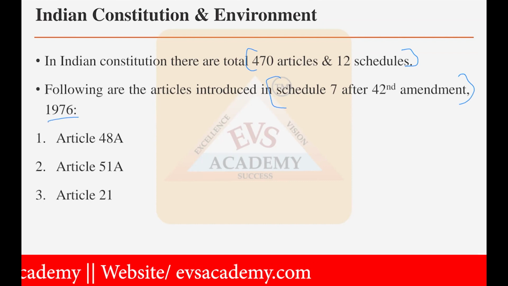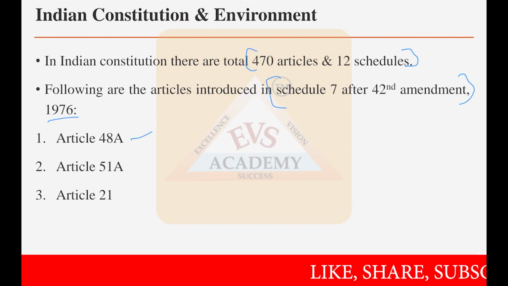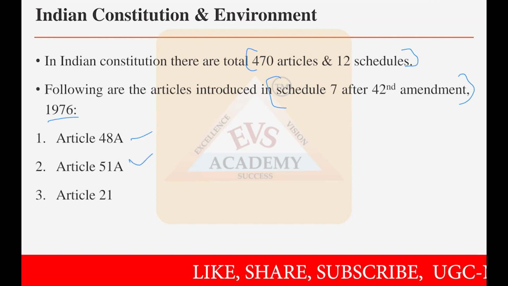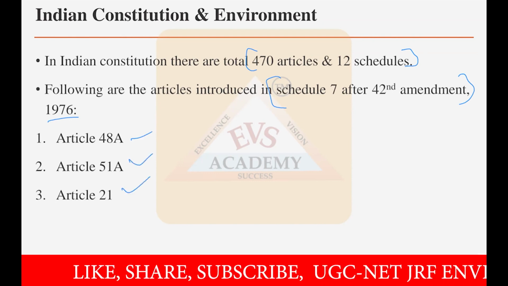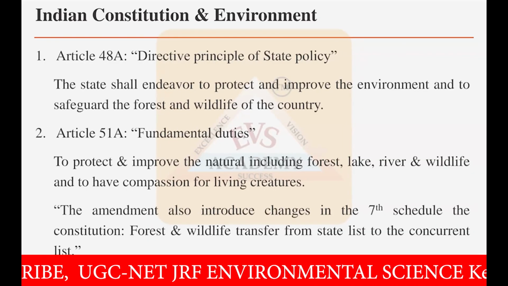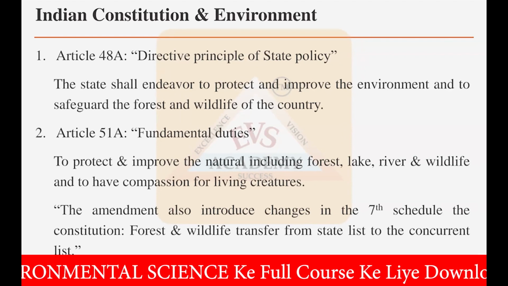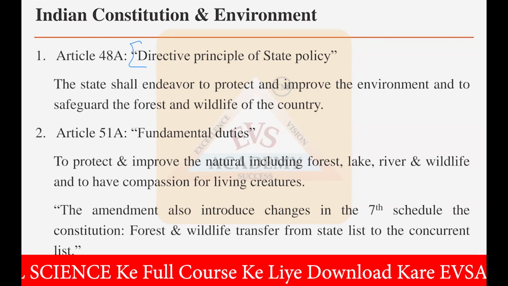So that's why I have included the number of articles here: out of these 470 articles, 3 articles are for the environment. Here we have to discuss Article 48A, Article 51A, and Article 21. One by one, we will discuss these articles. The very first article that we have to discuss here is Article 48A, which tells the directive principle of the state policy.